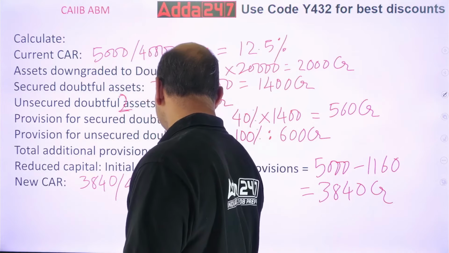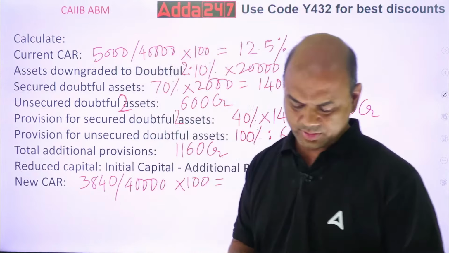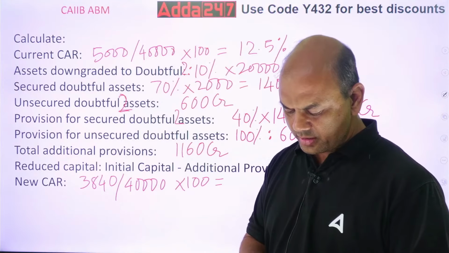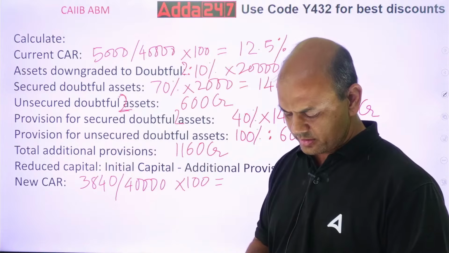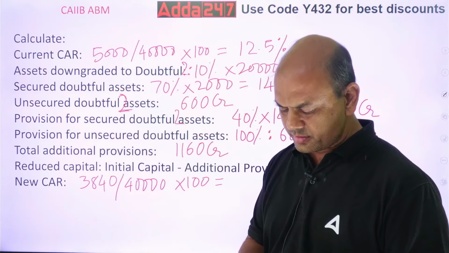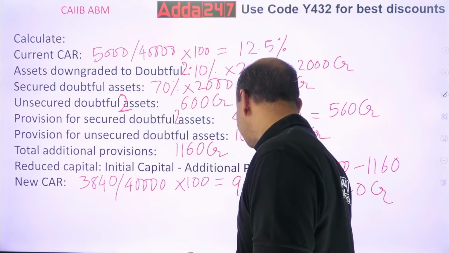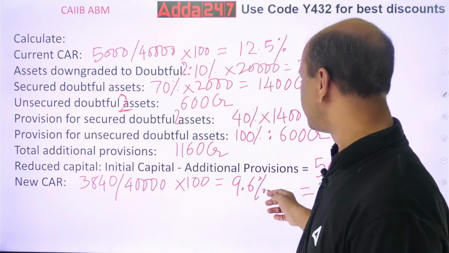You have to do it into 100. So 3840 upon 40,000 into 100 is 9.6%. So the new capital adequacy is 9.6%.